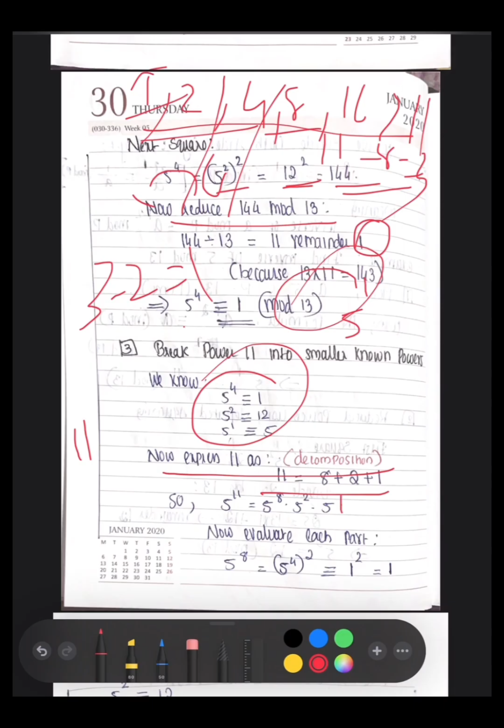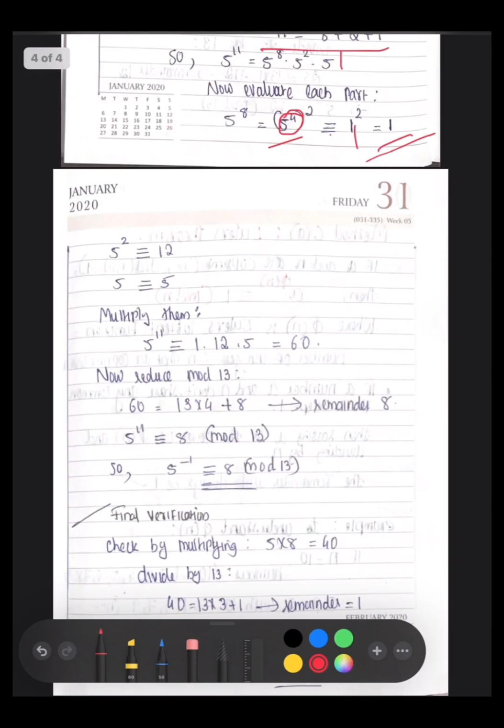Now evaluate each part. 5 raised to 8 equals 5 raised to 4 the whole square, and 5 raised to 4 is 1, so that is congruent to 1 squared, equal to 1. Then 5 squared is congruent to 12, and 5 raised to 1 is congruent to 5.